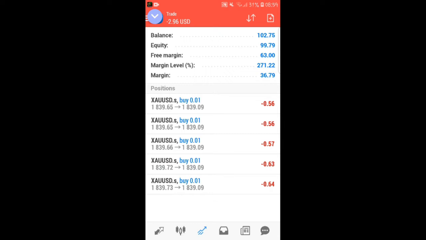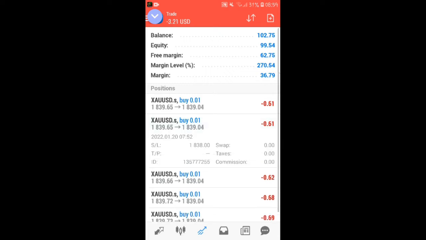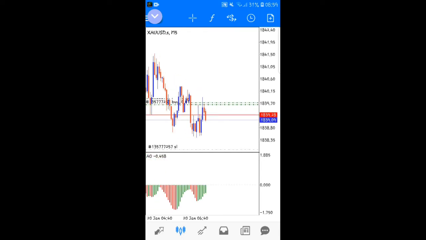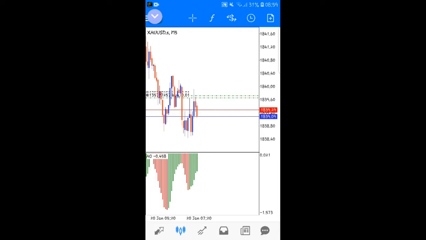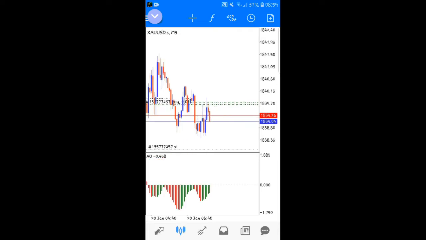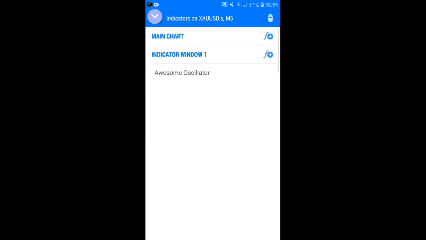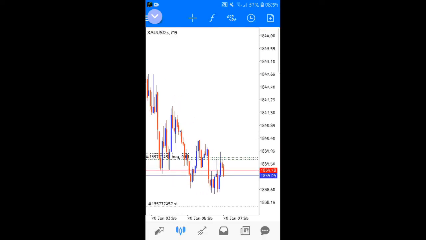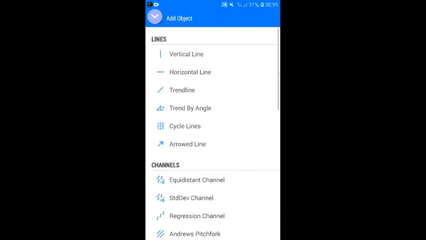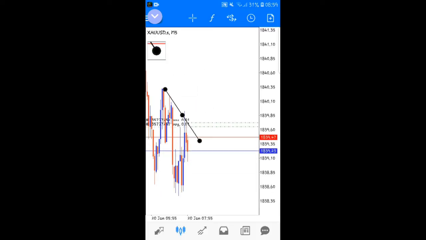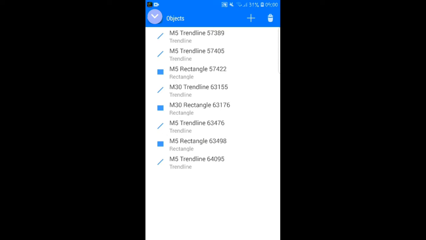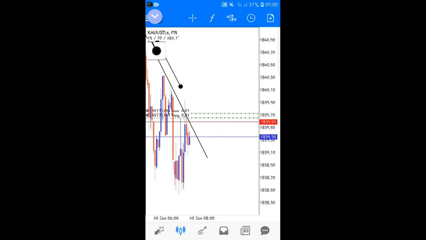So I have this gold trade that is running currently, and let me go to the chart. Now I'm actually on the M5. The reason why I've taken this buy trade is because I'm using an indicator. Let me delete first. Now you can see that gold has been on a downward trend, from up there coming all the way here, and then also to another one.